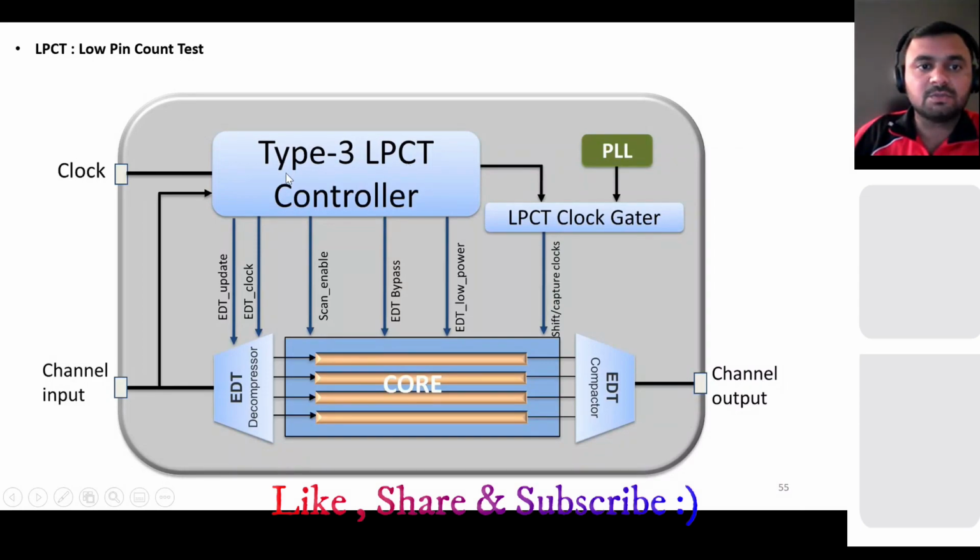You put those signals here, and there is some internal logic which will generate all these signals internally. So you don't need these signals from the top. It will generate them for your decompressor, for your compactor, and your LPCT clock generator, and then you can easily test your particular block using this logic. So this is very handy logic for the pin limited design.